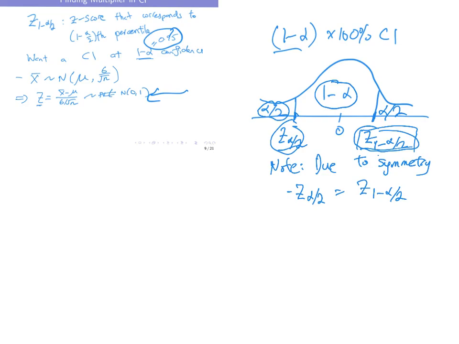So how do we express all of this in mathematical symbols? One could write the following: the probability that your z distribution is between z alpha over 2 on the left side and z 1 minus alpha over 2 on the right side is equal to 1 minus alpha.